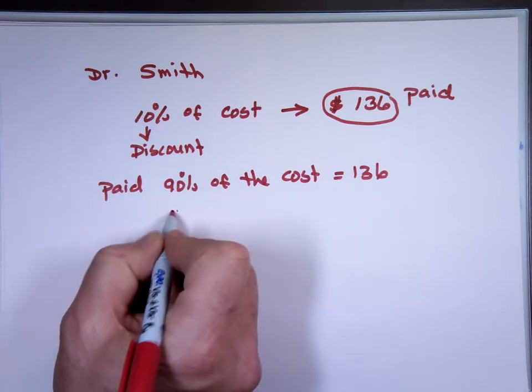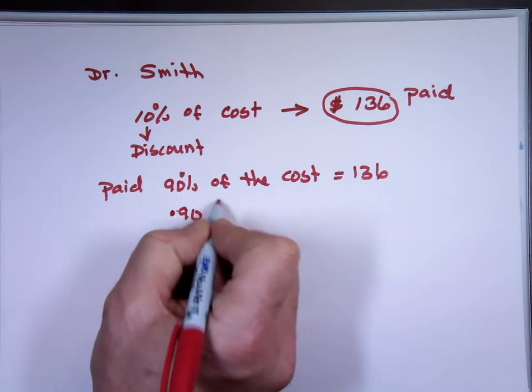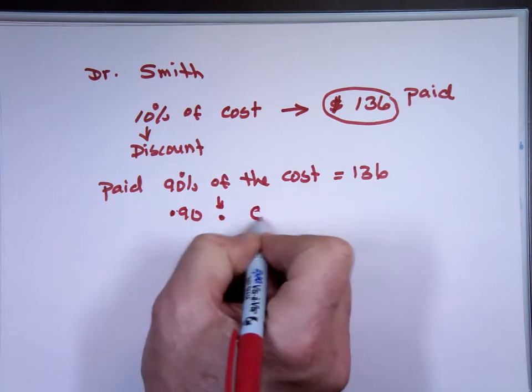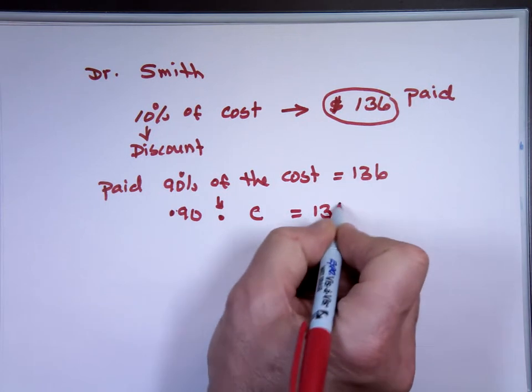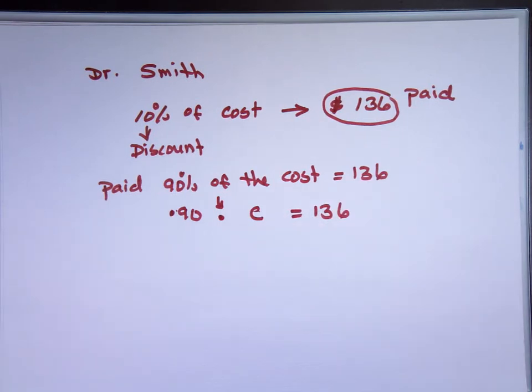So 90%, that's 0.90. Of means multiply. I'll use C for the cost. Equals 136. So to solve for C, what are we going to do?